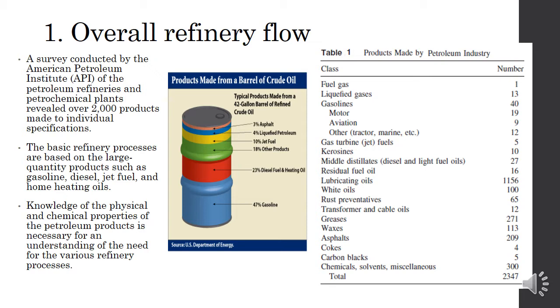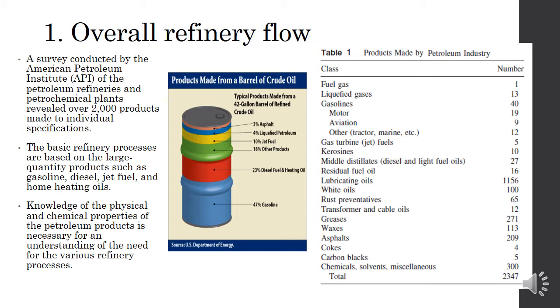Table 1 shows the number of individual products in 17 classes. In general, the products which dictate refinery design are relatively few in number, and the basic refinery processes are based on the large quantity products such as gasoline, diesel, jet fuel, and home heating oils.